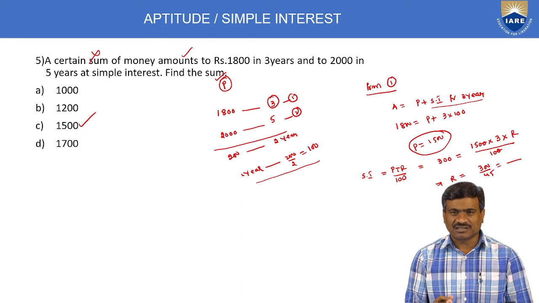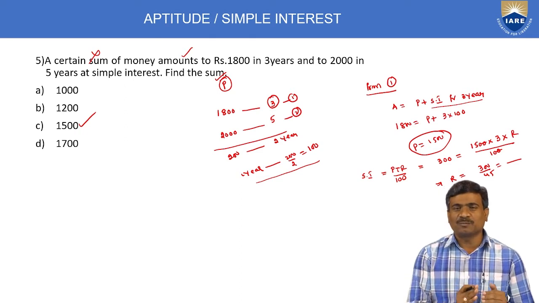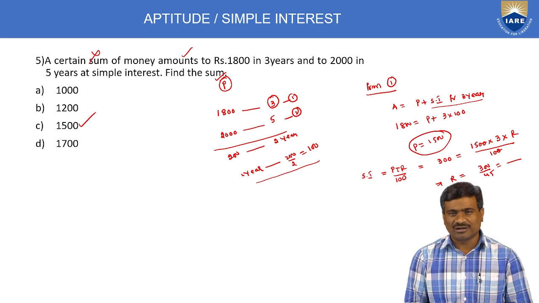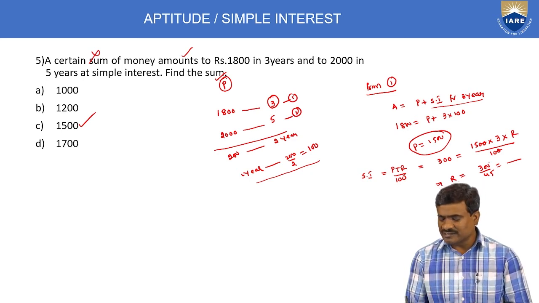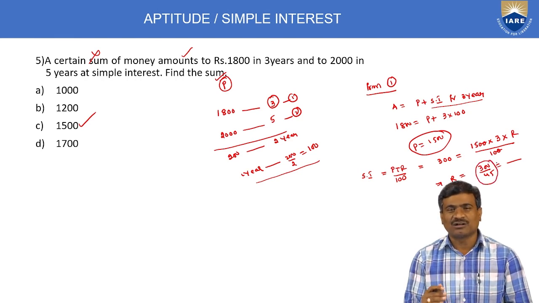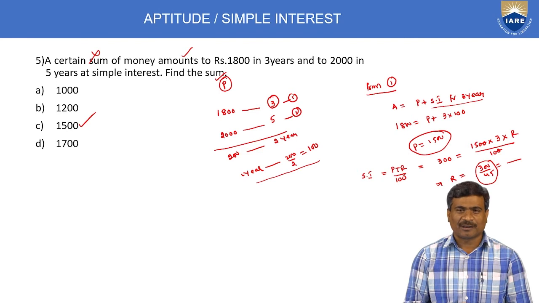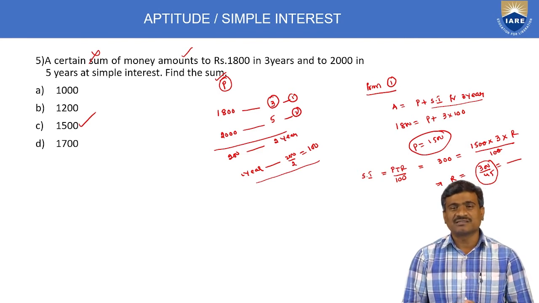This is the equation solving method. We calculate the principal amount 1500 and also the rate of interest, that is 300 by 45, called the rate of interest per annum. So the answer to this question is 1500 only, option C.